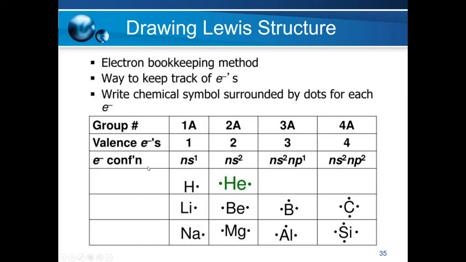So the electron configuration will be ns1, ns2, ns2 np1, ns2 np2. So this is the Lewis dot structure for hydrogen, helium, lithium, beryllium, sodium, magnesium, boron, carbon, aluminium and silicon.